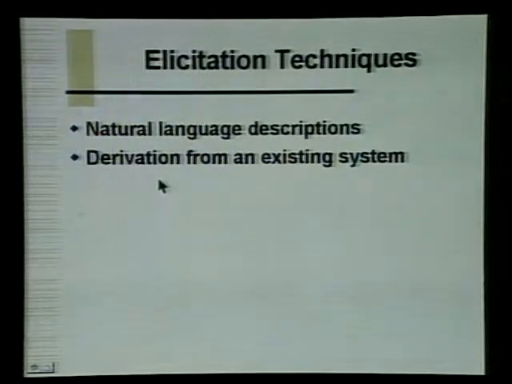Another technique to gather the system requirements is derivation from an existing system. You can derive the requirements of the system you are going to build if a similar system already exists. Of course, that system can help you a lot to know how this type of system should work. That doesn't mean that all the requirements can be collected from looking at one old system, but it's a great help.